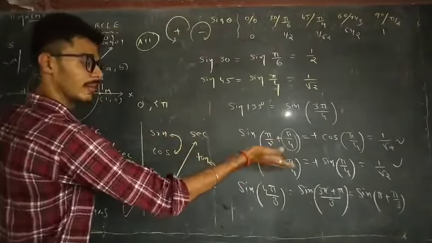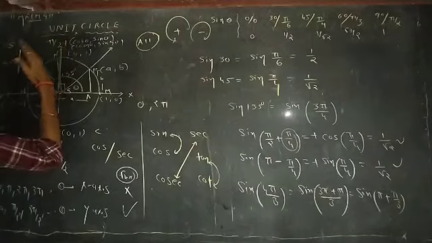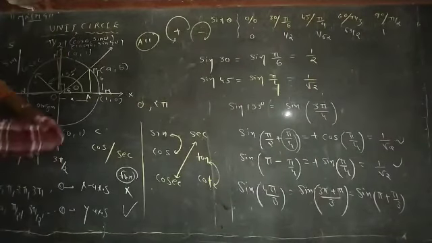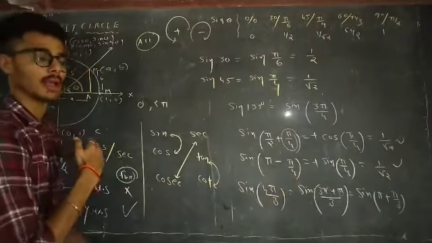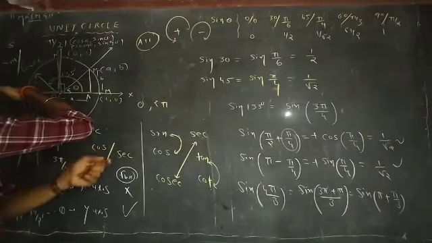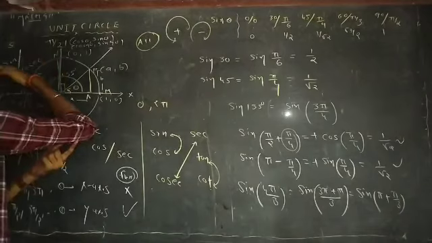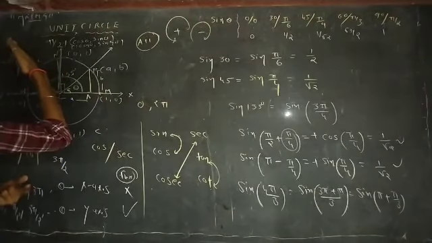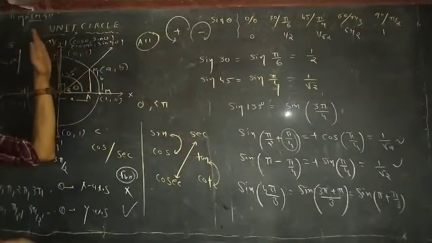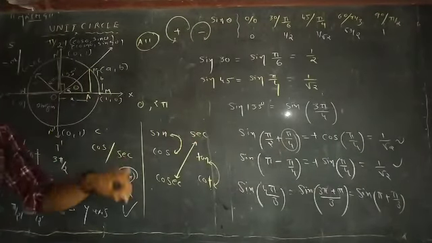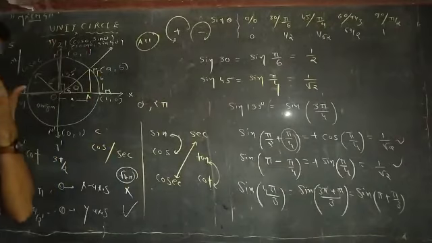If it is plus, you move anti-clockwise. In the first case, pi by 2 plus pi by 4 gives 135. Also 180 minus pi by 4: minus means we have to move clockwise. So 180 minus 45 also gives 135. If it is plus, you move anti-clockwise; in case of negative, you move clockwise.